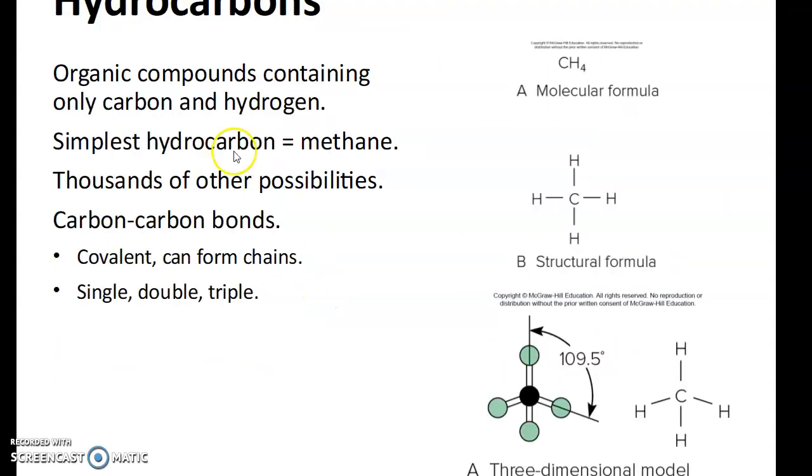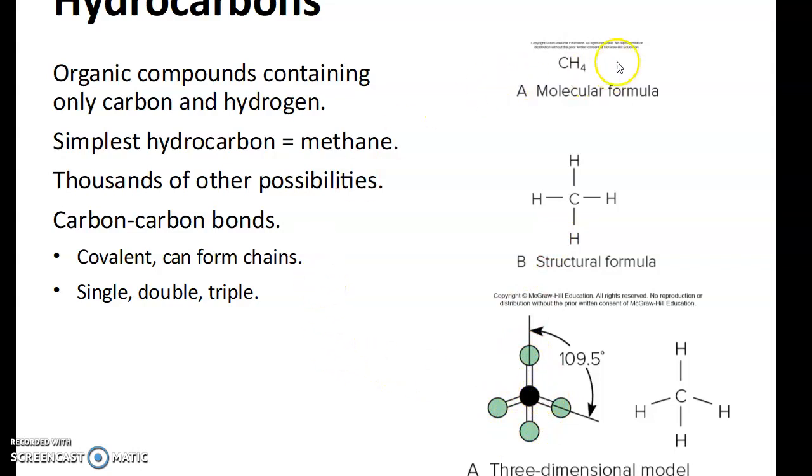Now, the hydrocarbons are the organic compounds that contain only carbon and hydrogen. The very simplest of these is methane, and we've known about that from the molecular formula, the structure and the orientation that we have for these.